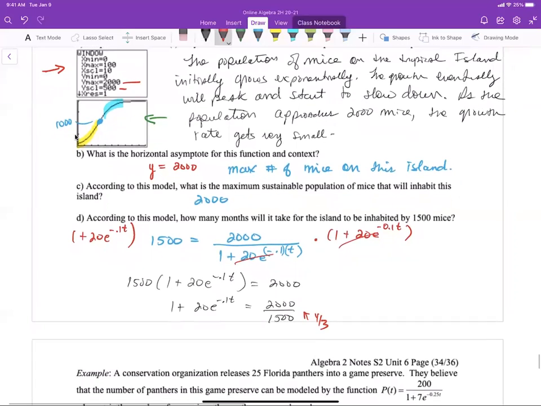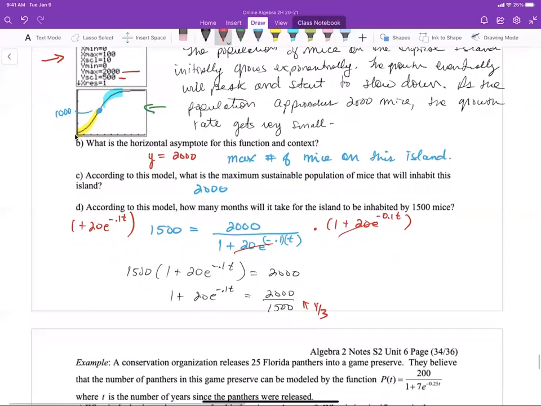And I will then need to subtract 1 from both sides. 20 times e to the negative 0.1 times t is equal to 4/3 minus 1.